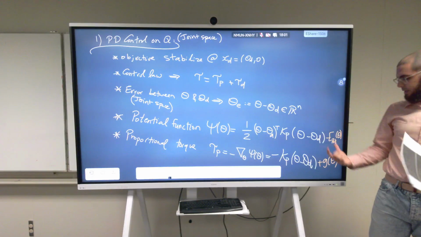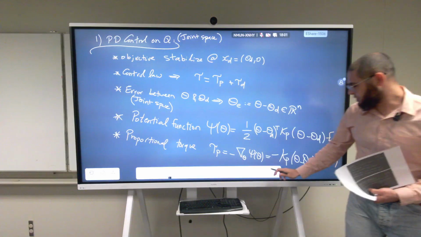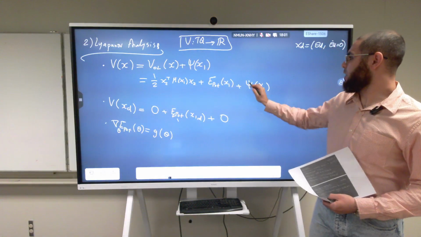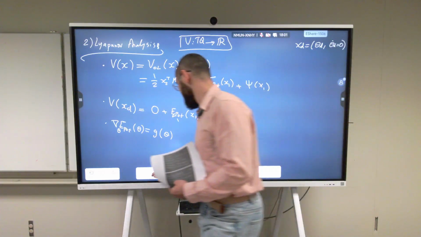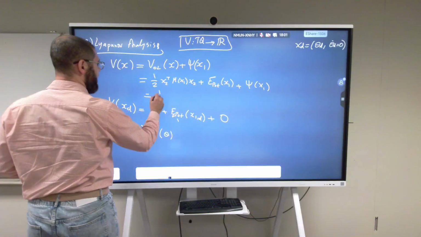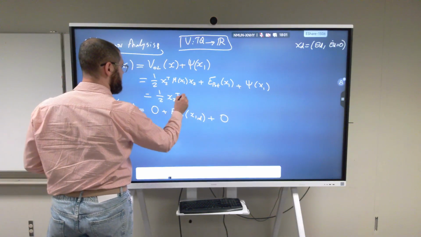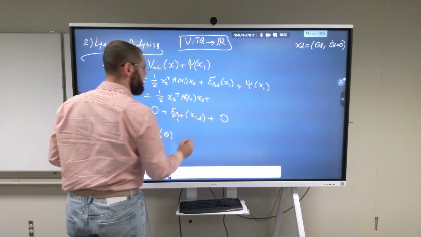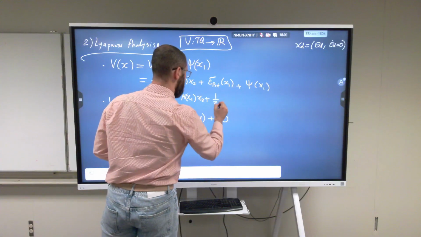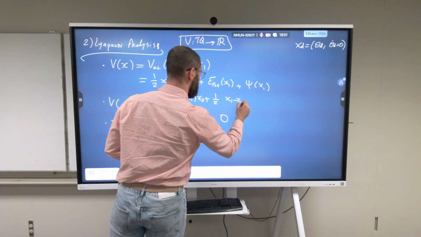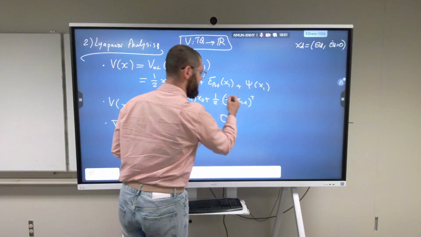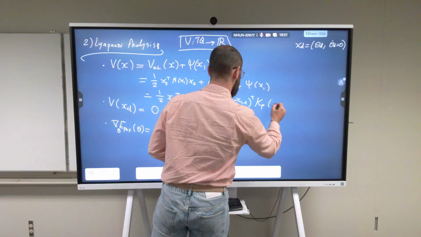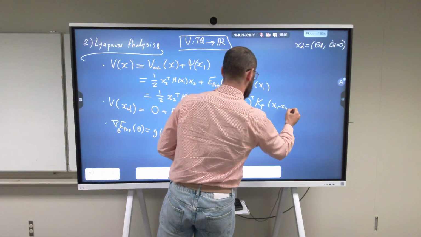From a Lyapunov analysis, we need to add that term such that when we have this expression here, so this will now be psi. Okay, so what is this term here? Let's expand this. We're going to have half x2 transpose M of x1, x2, plus I had here half x1 minus x1 desired transpose, which is theta minus theta desired, multiplied by some constant matrix, x1 minus x1 desired.